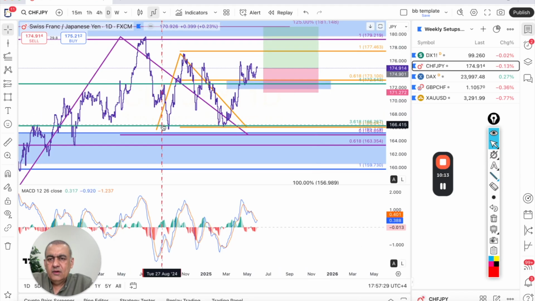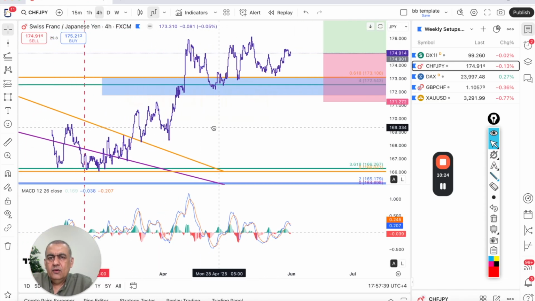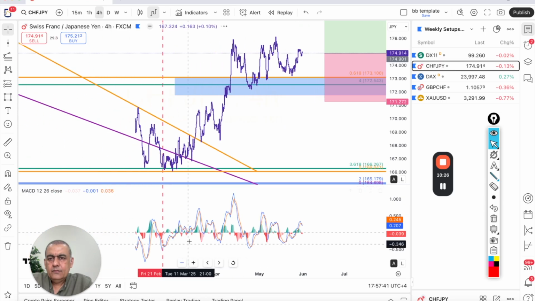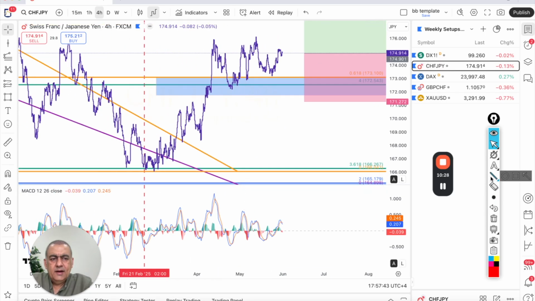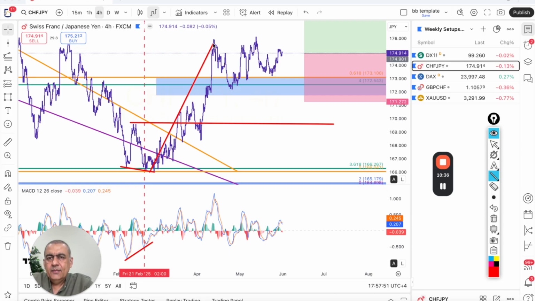And if you want to further optimize, we should move to the next lower time frame. So I'm going to shift the vertical line and move to 4-hourly chart. Now on the 4-hourly chart, we have bullish divergence, break of structure, and a massive rally.